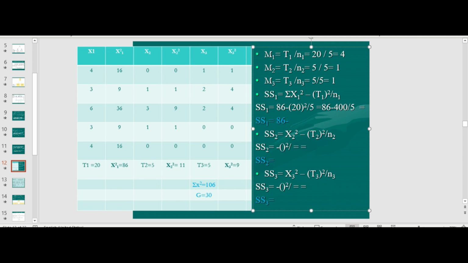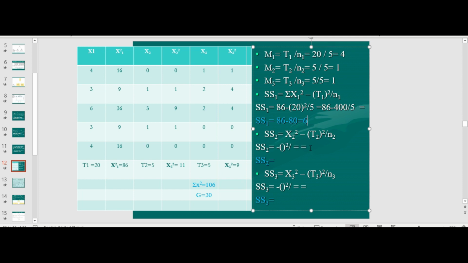When we divide 400 by 5, we will get 80, and 6 is the SS1.